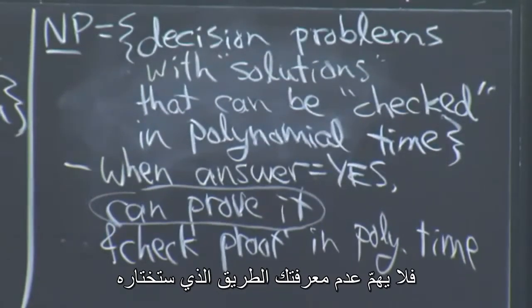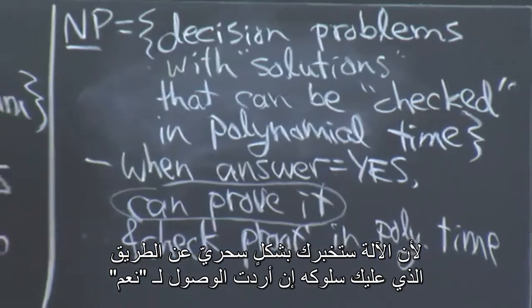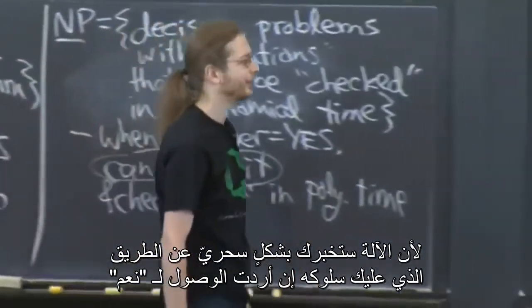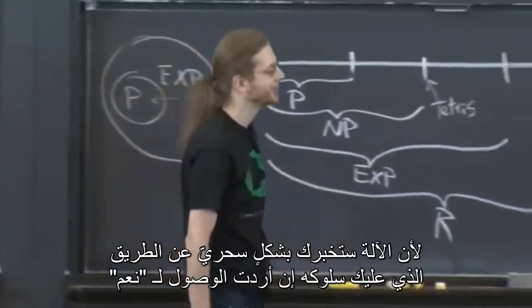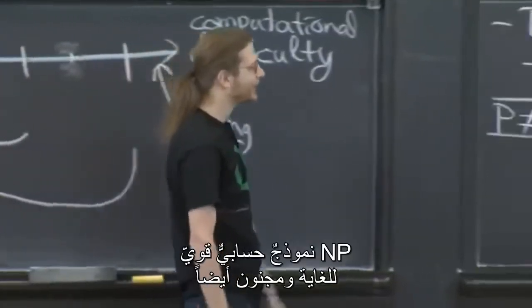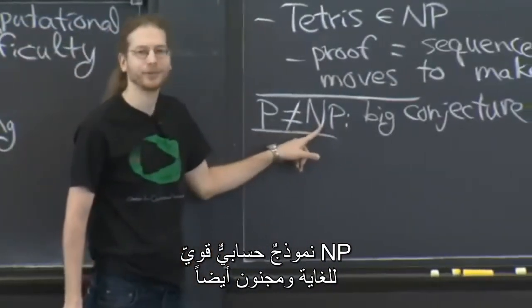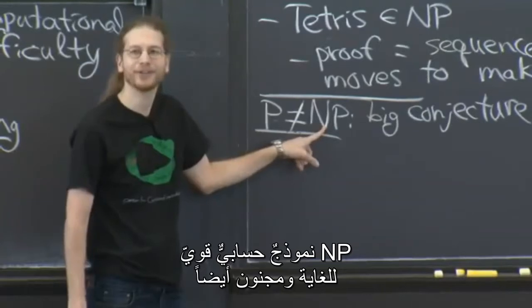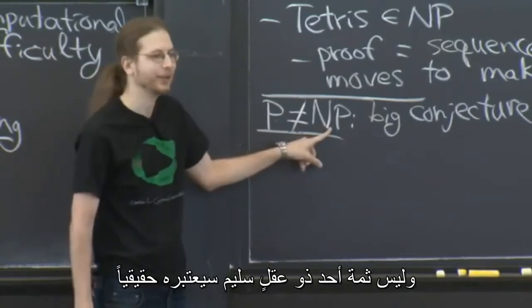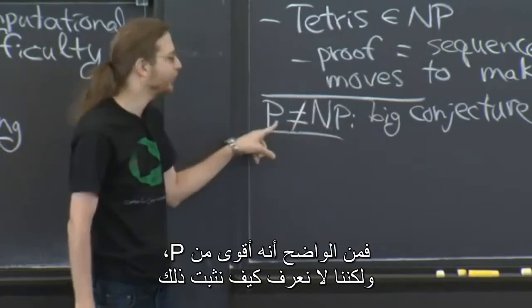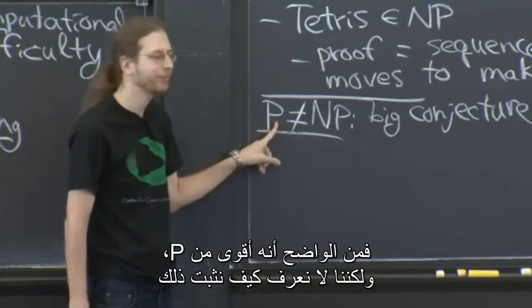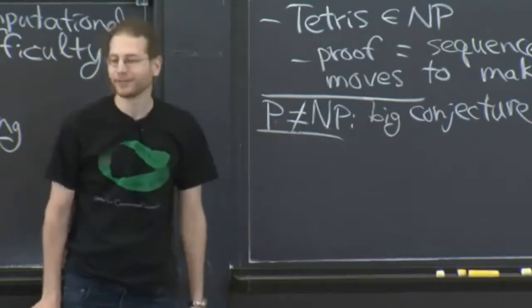It doesn't matter because the machine magically tells you which way to go if your goal is to get to a yes. Okay, so NP is a really powerful model of computation. It's an insane model of computation. No one in their right mind would consider it legitimate. So obviously, it's more powerful than P, except we don't know how to prove it. Very annoying.